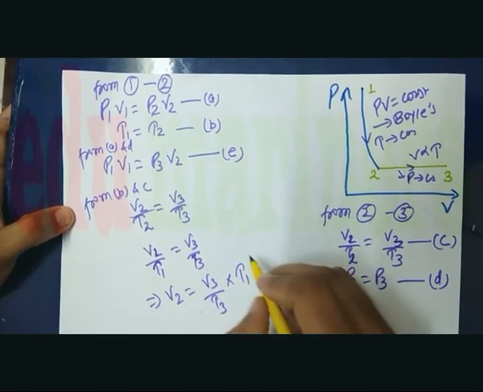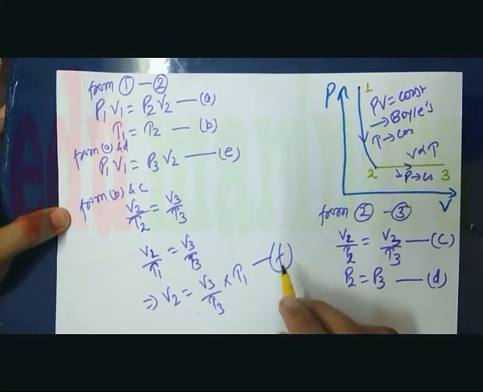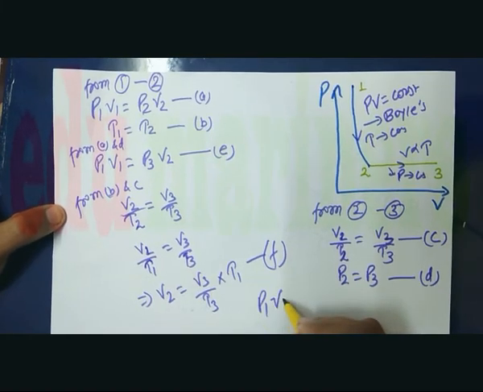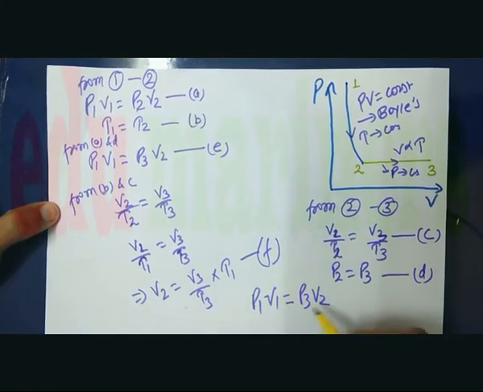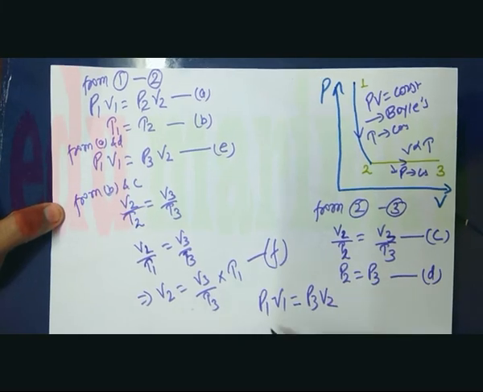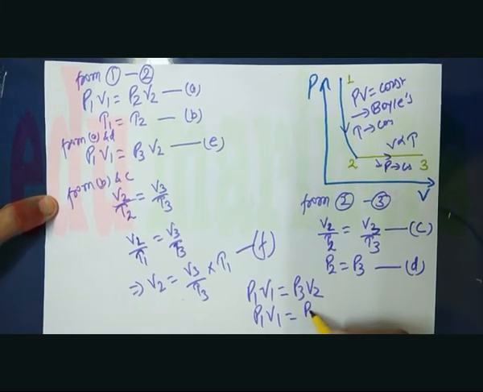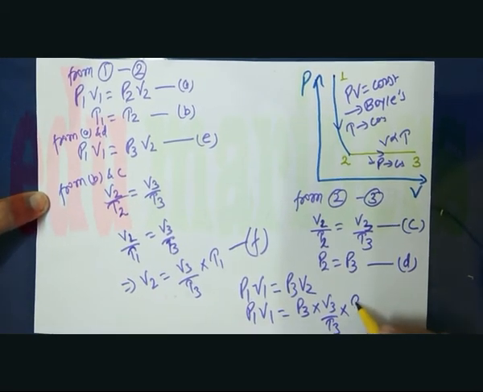Let this be equation F. From E and F, P1 V1 is equal to P3 V2, so we can replace V2. P1 V1 is equal to P3 into V3 by T3 into T1.